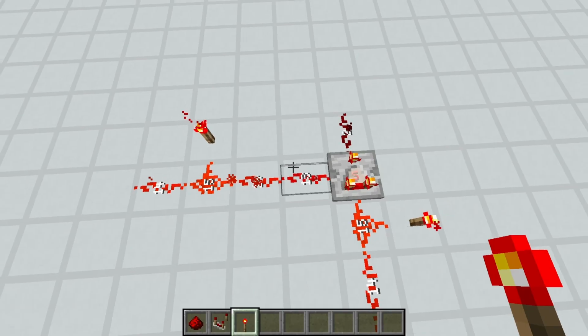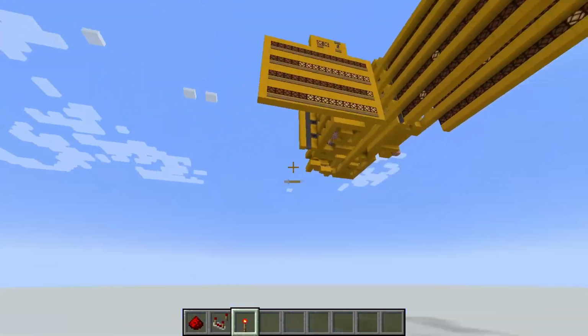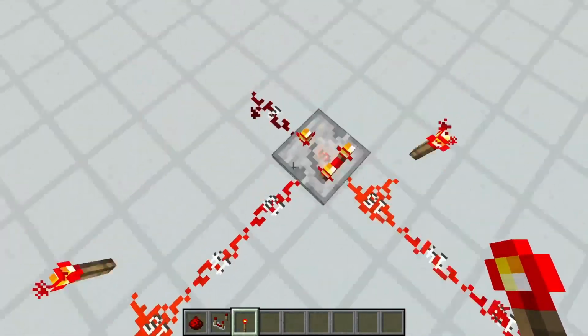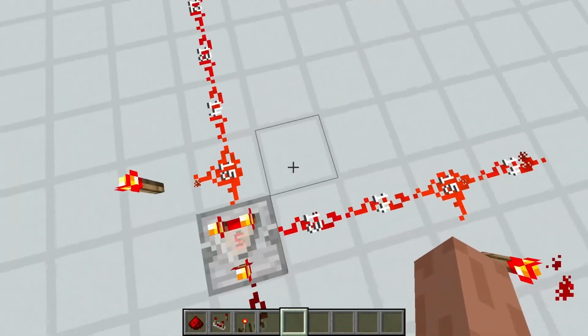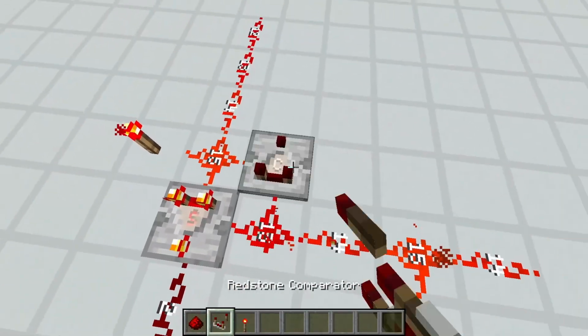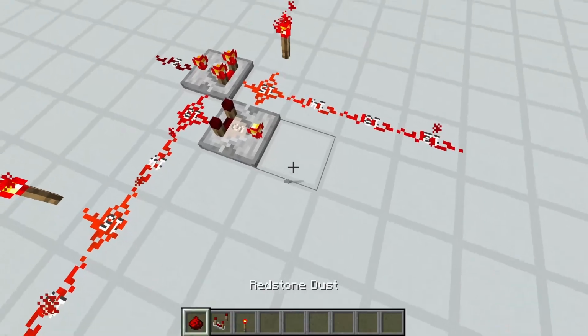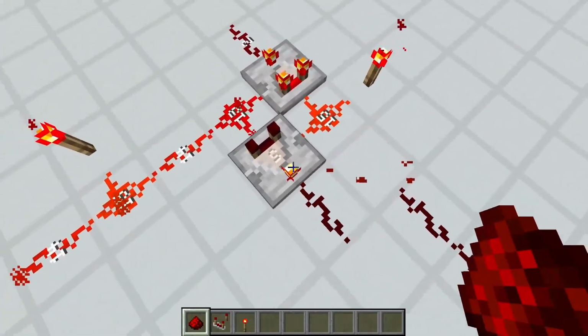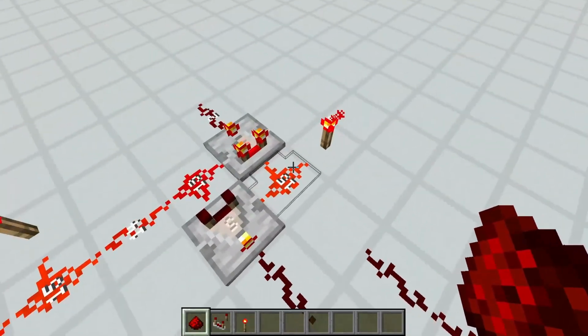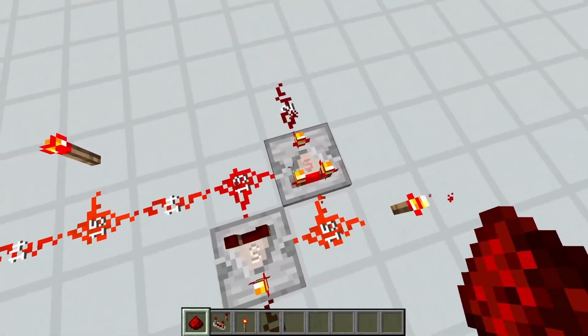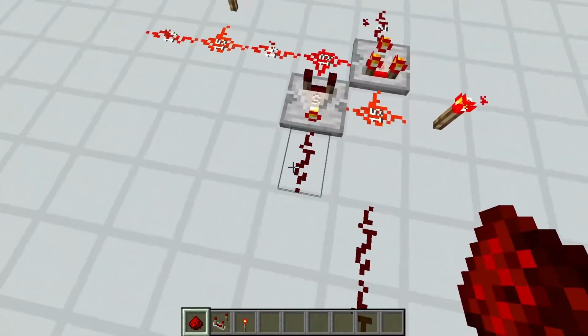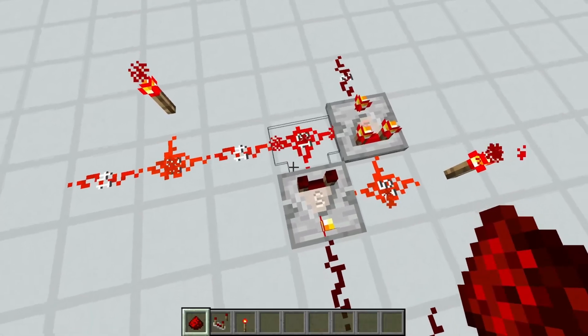But to be able to use this on a whole machine level, we also need to consider the reverse, so we also need to consider 13 minus 15, because redstone signals obviously can't have negative signal strength.